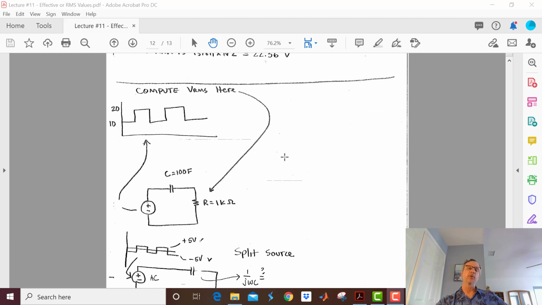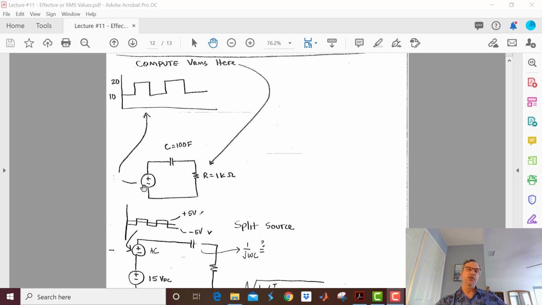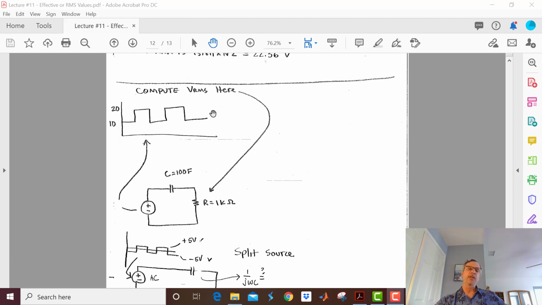Okay, so now I just want to give you a little bit more insight. So here's our voltage, okay? Here's our RMS voltage. And this is the voltage right here, because this was our source, right? But I want to get the RMS value here. And my capacitor here is actually a very large capacitor. So at whatever frequency we're working at, 1 over j omega c, since c is so big, this thing looks like a short circuit for any AC signal because it's huge.